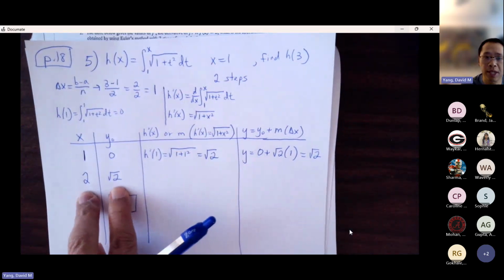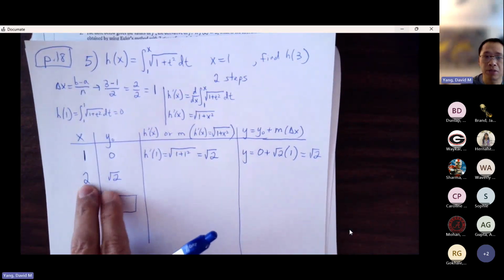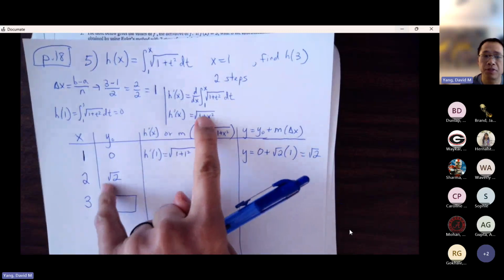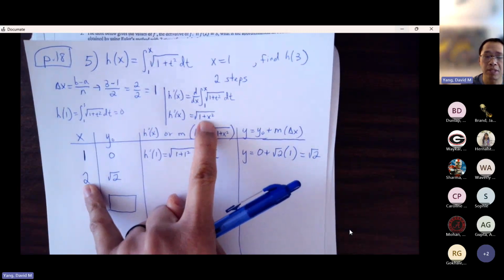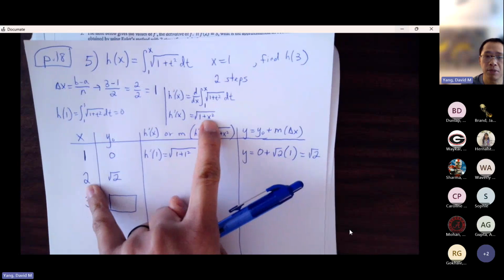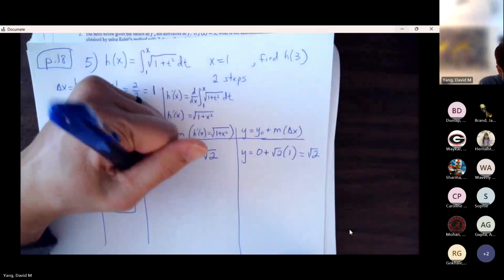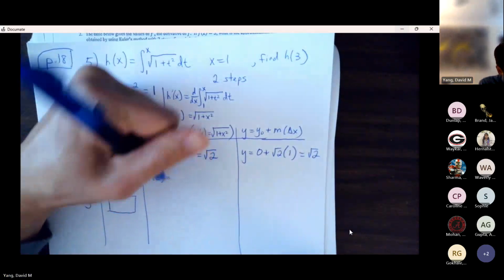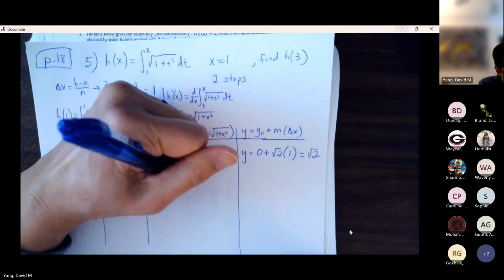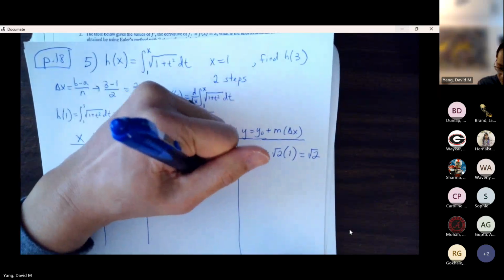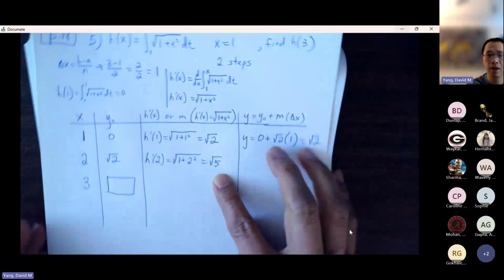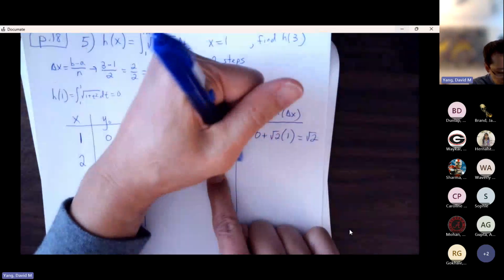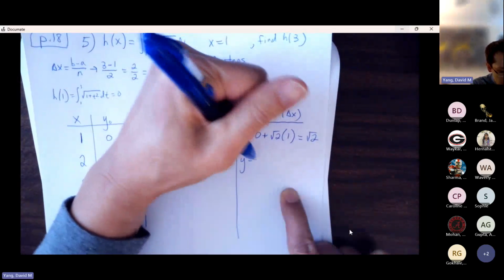We'll do this process one more time. Now we're going to plug 2 into the derivative to find our slope. The derivative only requires the x value, so I just need to plug the 2 in. So 1 plus 4, which gives root 5. Let's update our y value.